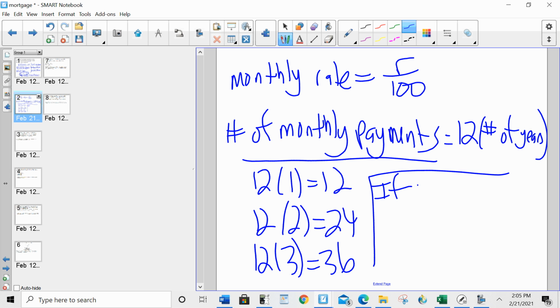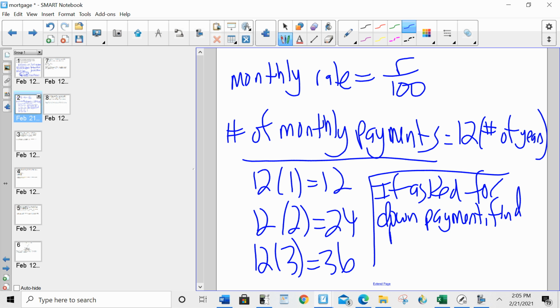If asked for down payment, find P, and then do T equals, or P equals T minus D.